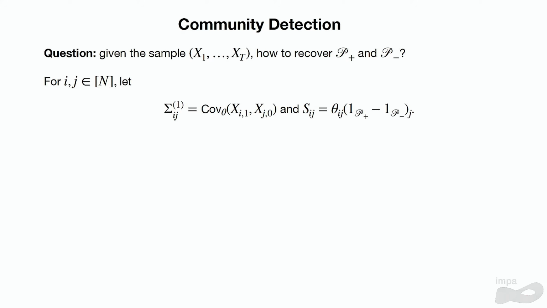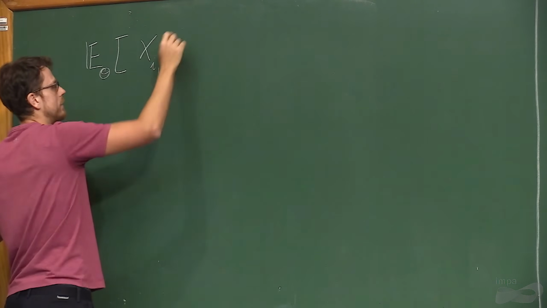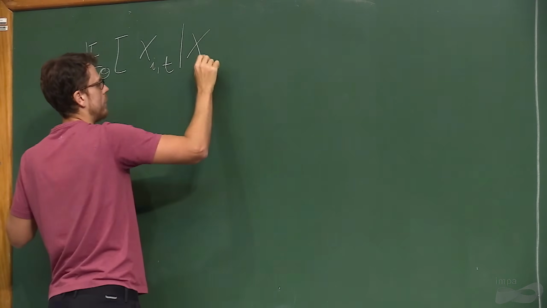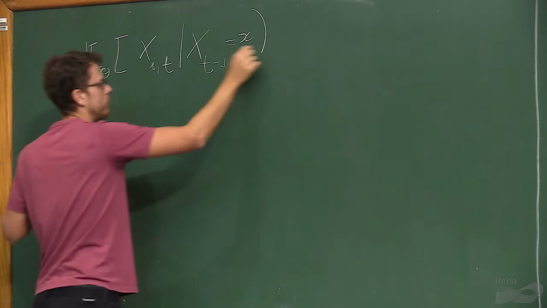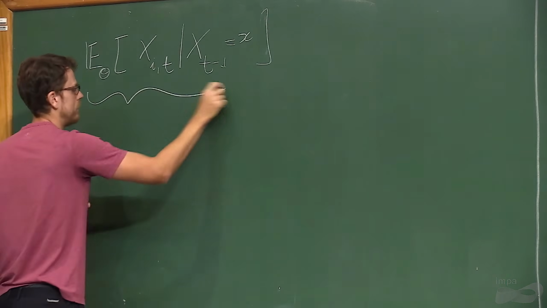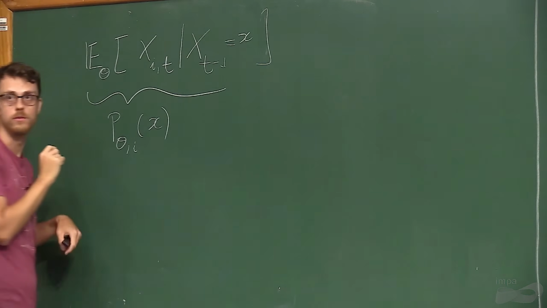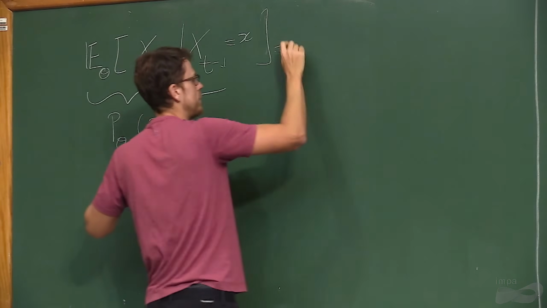The important thing to remember here, let me write it this way: this thing here is what I was calling Pi of x, small x, and this is mu.